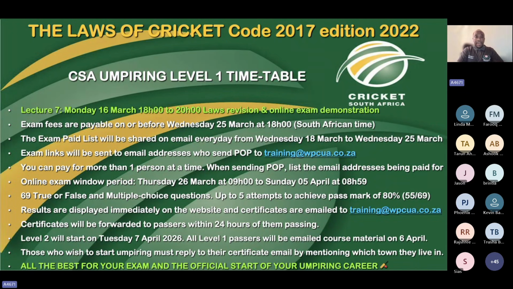Please note that you may pay for more than one person. Typically, schools do that. If they have 10 coaches that they're going to pay for, they'll make one payment. That is fine.